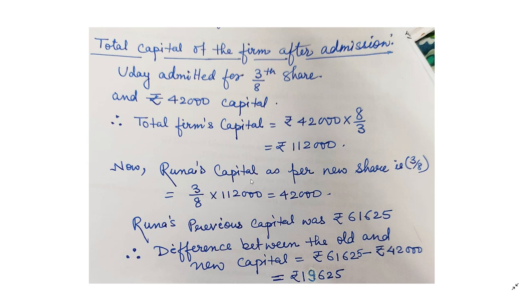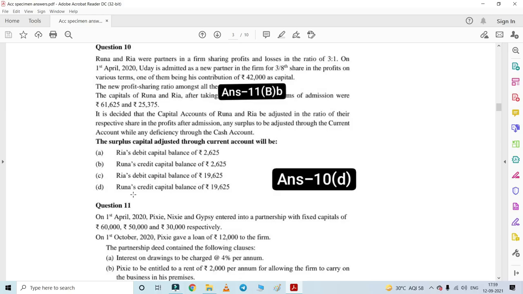Now as Runa's new capital is 42,000 but her old capital is 61,625, the difference between 61,625 and the new capital 42,000 is 19,625. This needs to be credited to Runa's capital account. The correct option is Runa's credit capital balance of 19,625. This much for today.